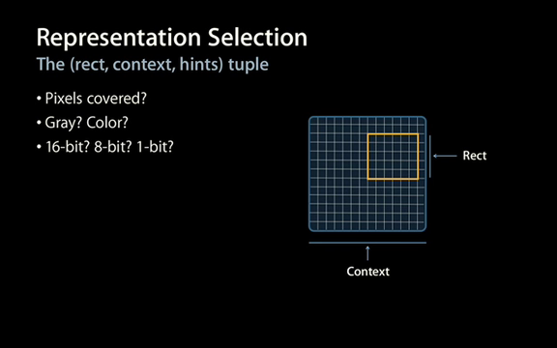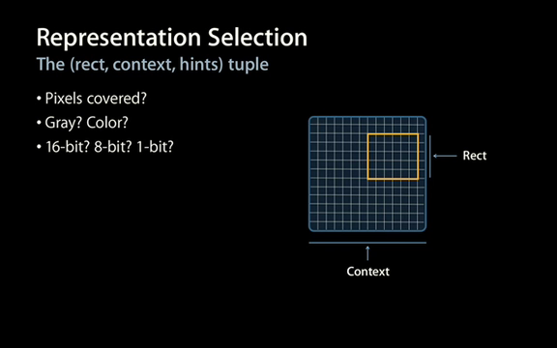Oh, I didn't say what the hints was. The hints are sort of extra information that you can provide. It's optional. And it can also be used to override aspects that we would otherwise infer from the context. I want to just ask you to look at this again, because it's going to keep coming up. This rect, context, hints triple is going to be key in all the new APIs. Anyway, that's the information we need for representation selection.